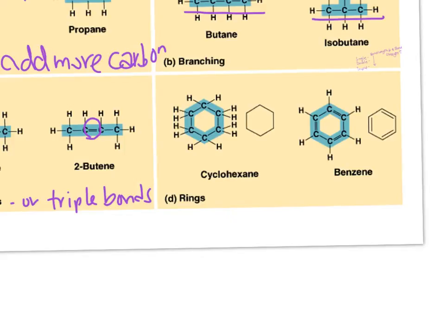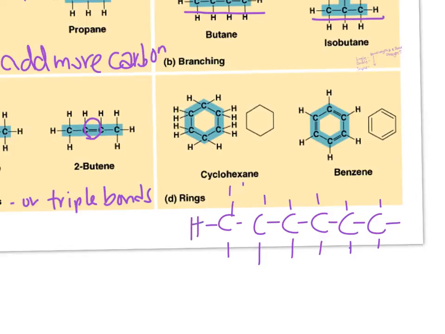Because you can have hexane, which would just be a straight row. That's hexane. Cyclohexane is literally when it's just in a circle.